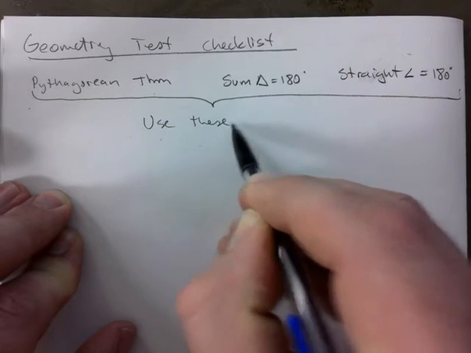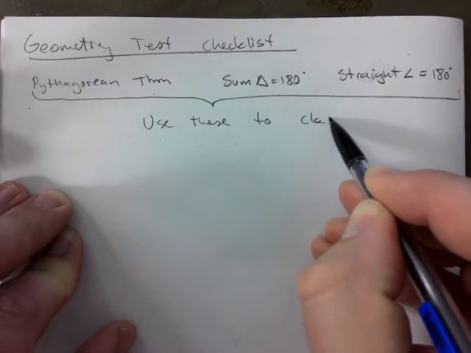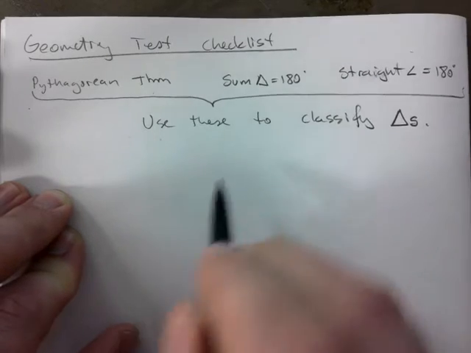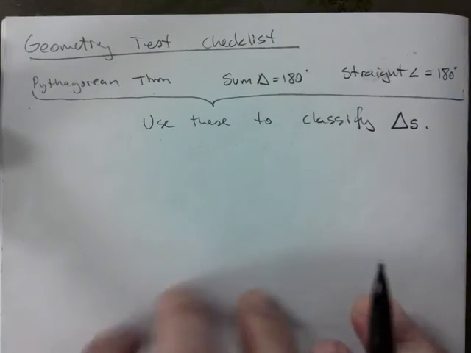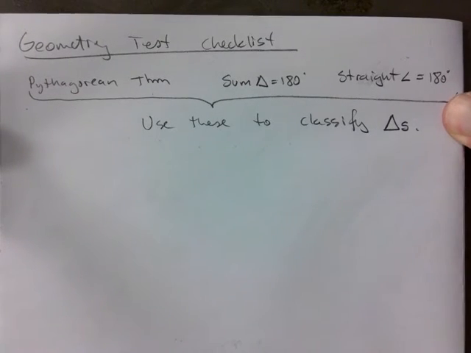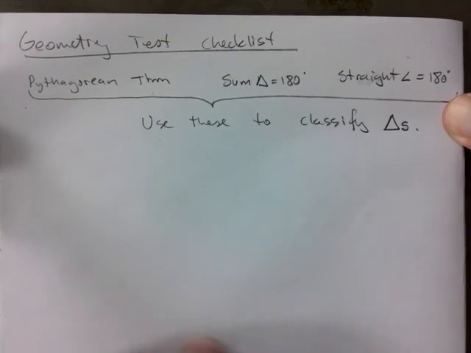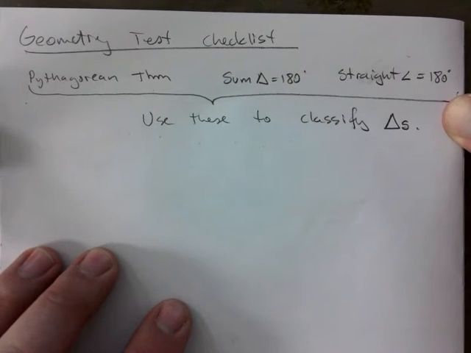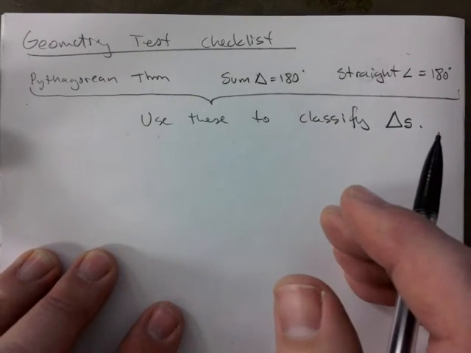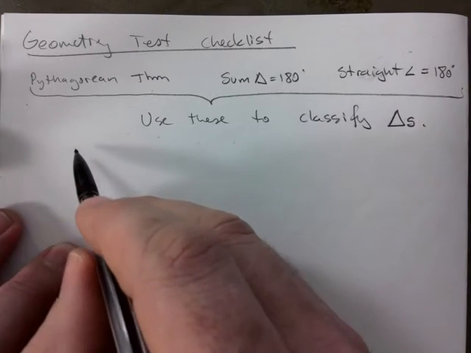Use these to classify triangles, right? So that's going to be if there are no side lengths and no angles, and obviously just go by the diagram. But if I do provide you with some information, check, right? Used to classify triangles, right?